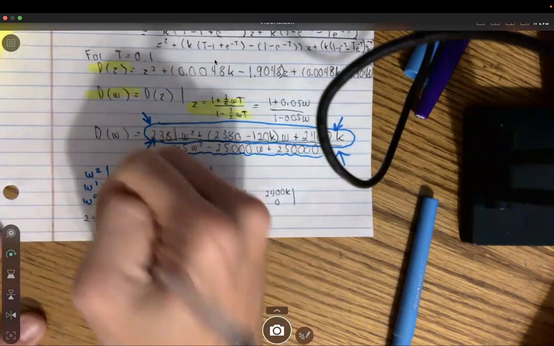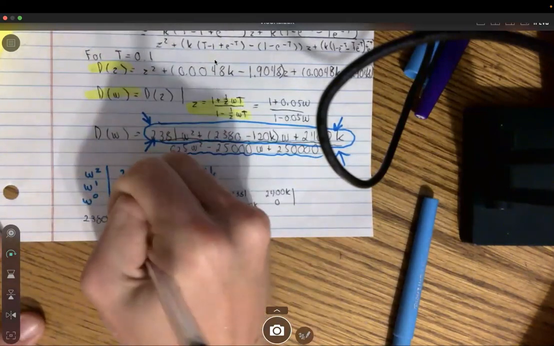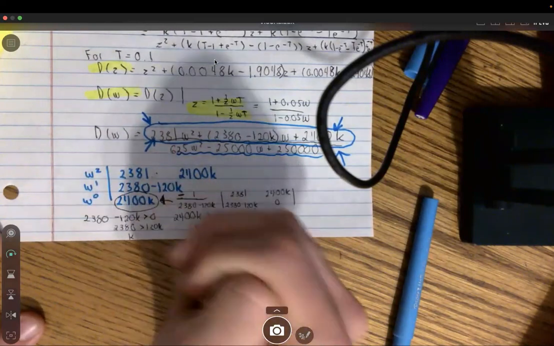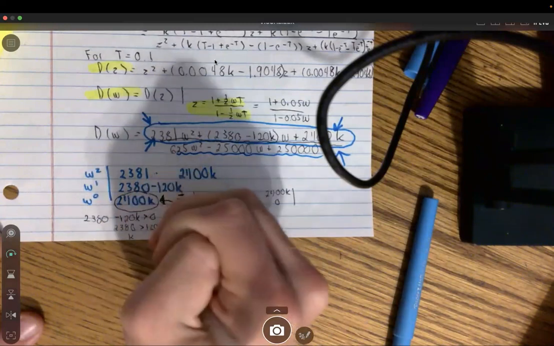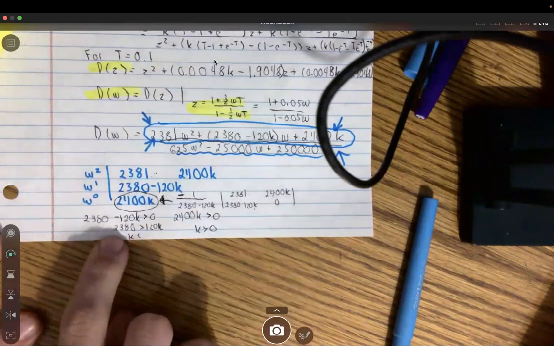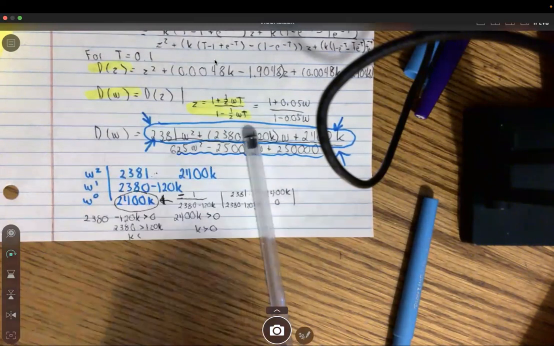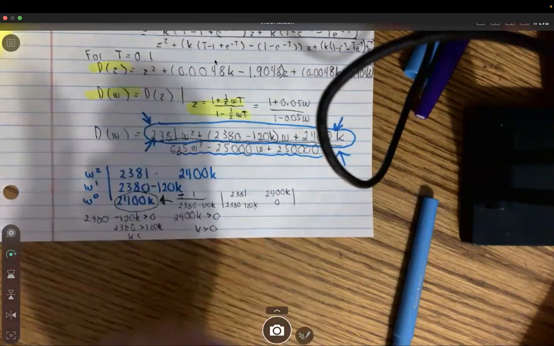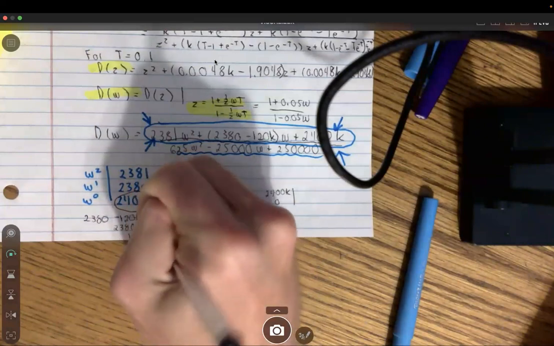And then if you solve for K, you get 2380 must be greater than 120K, so K must be less than 2380 divided by 120. When we solve this, particularly 2380 divided by 120, we're going to get 19.83, which is funny because that matches up with his solution.